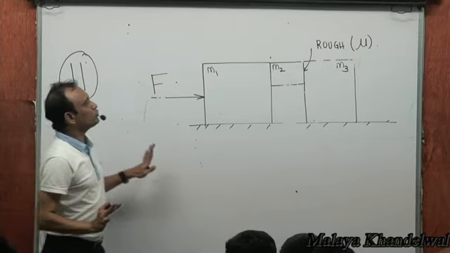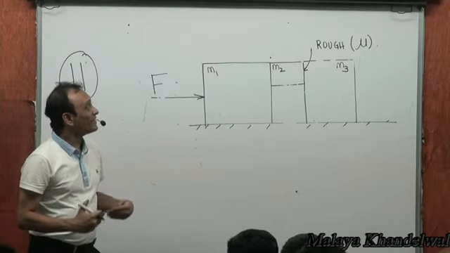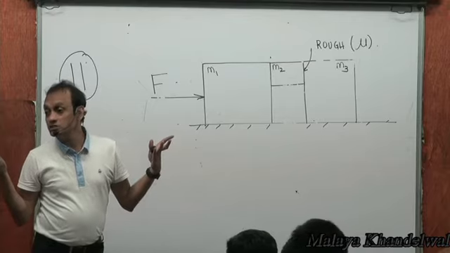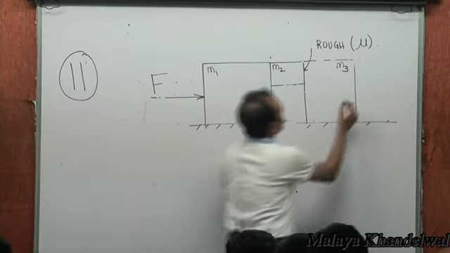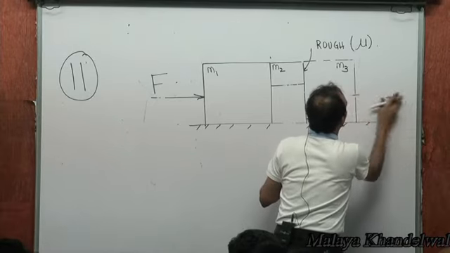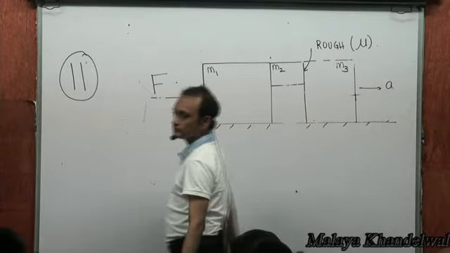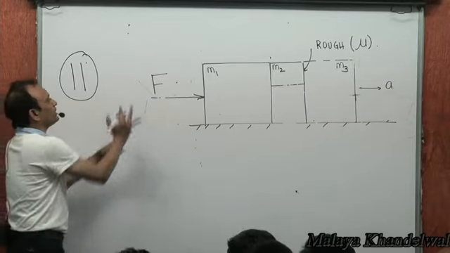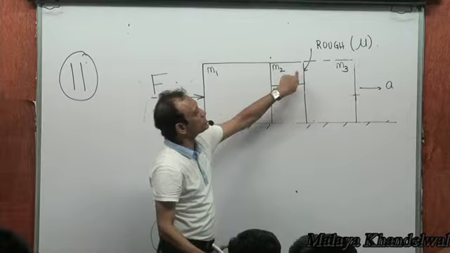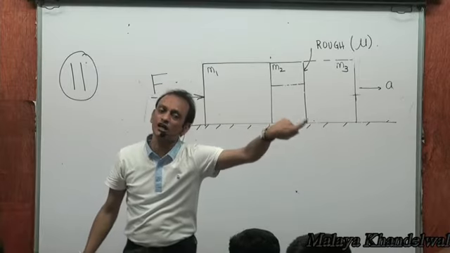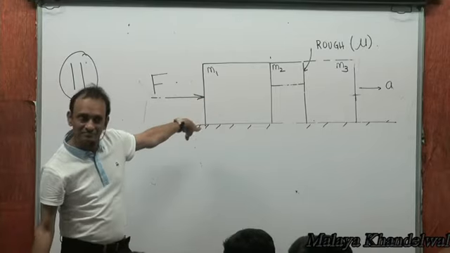Now, if M2 is not falling downwards, it means that M1, M2 and M3 have the same acceleration a to the right. The entire unit has a common acceleration a to the right. If I looked at the free body diagram of M1, M2, M3, the forces that they exert on each other would be internal forces, and will not be represented.